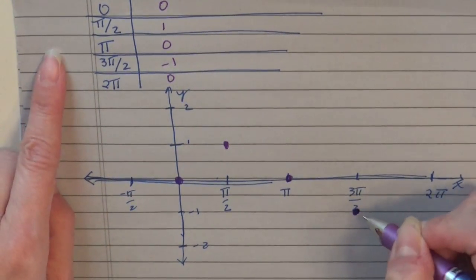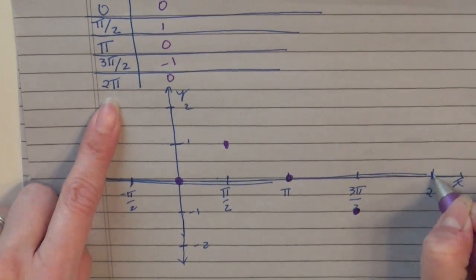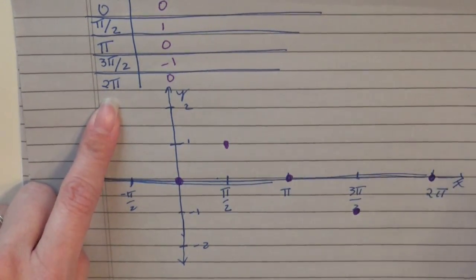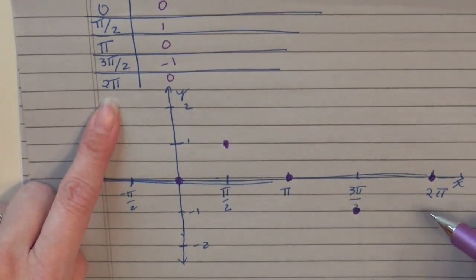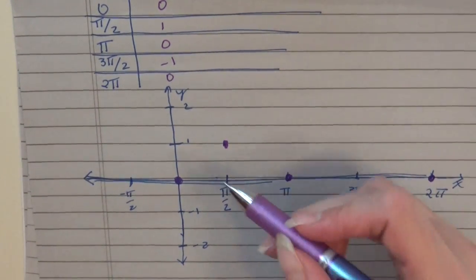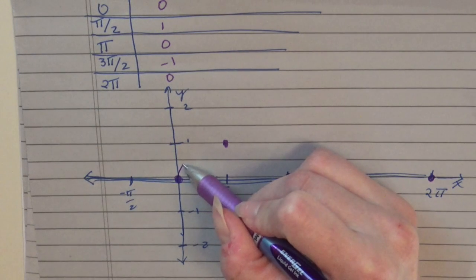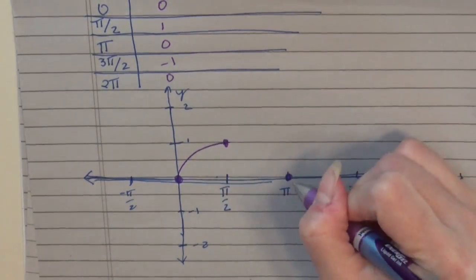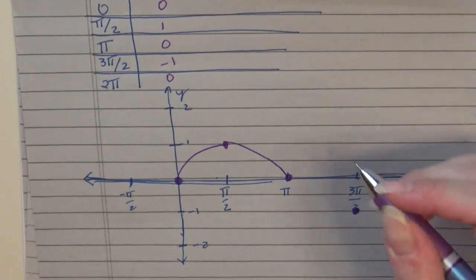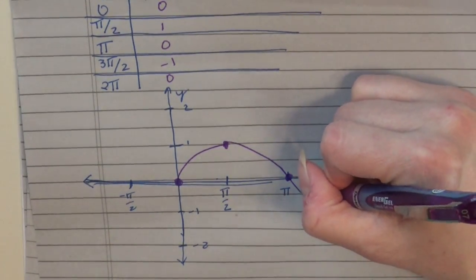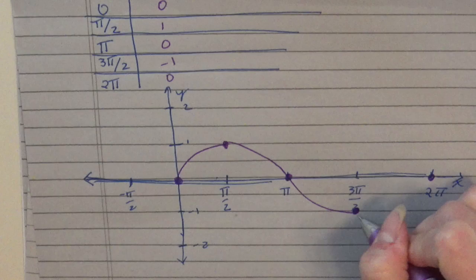And when x is 2 pi, y is 0, so that puts us there. We get our sine function by connecting these dots with smooth curves. So we're going to go up like this, and then come back down. Just make sure it's a smooth curve shape and not straight lines. Like this.